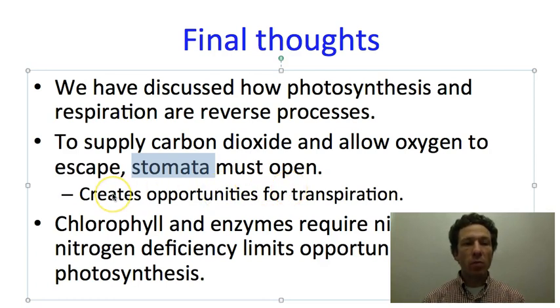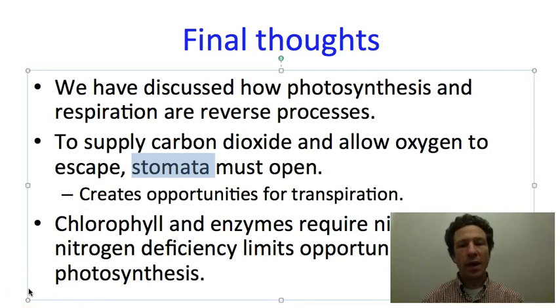When the stomata open, this also allows transpiration to occur. Transpiration, remember, is water loss through openings in the plant. We will see that transpiration is important, first for moving water through the plant, but we will also look at, in a later exercise, the importance of transpiration for keeping temperatures cool, and we will look at this specifically in and around our homes.